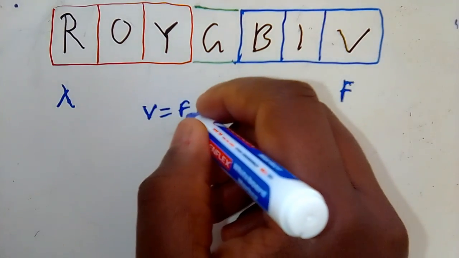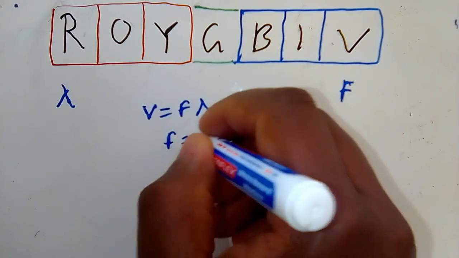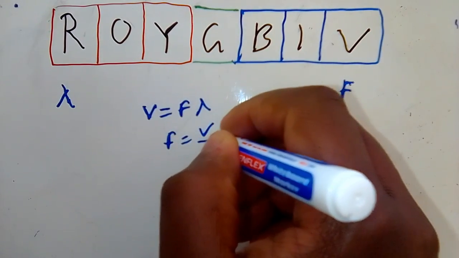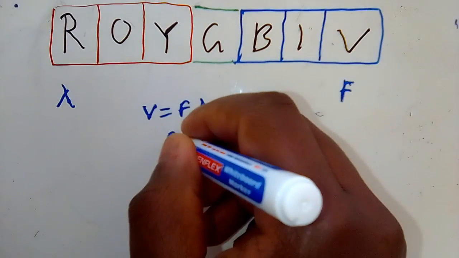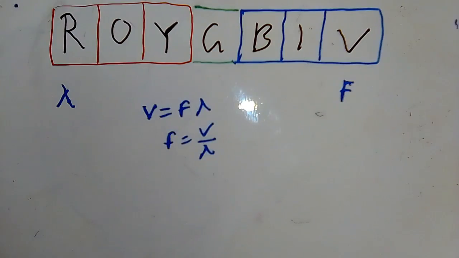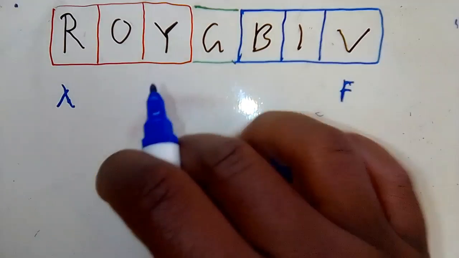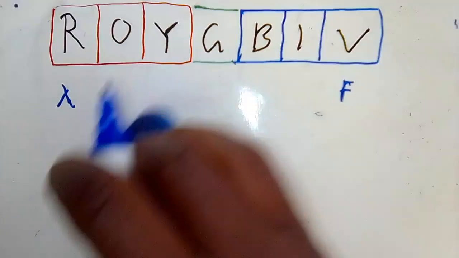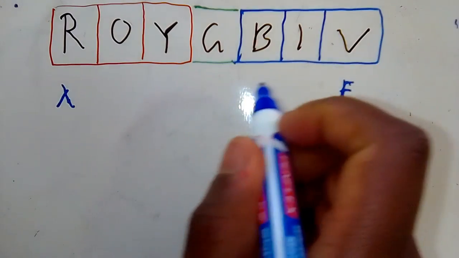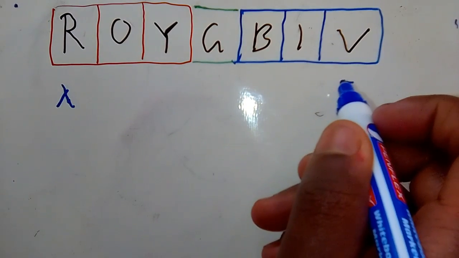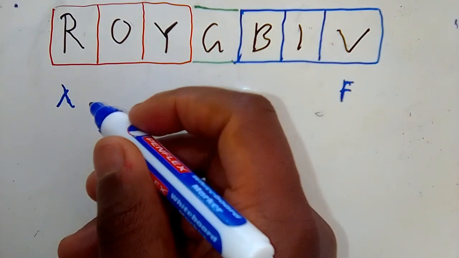If I make the frequency the subject of the formula, it's going to be speed over wavelength. So the bigger the wavelength, the smaller the frequency, and the more the frequency, the smaller the wavelength. Towards the blue side we've got higher frequency, and towards the red side we've got higher wavelength.